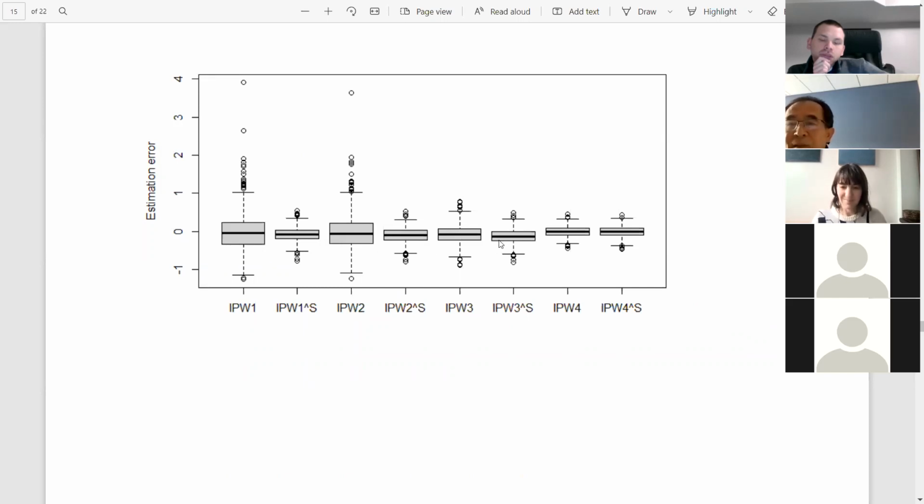So it seems the smoothing goes much further than IPW2 and IPW3. Originally you have smoothing from IPW1 to 2, and then further smoothing, stabilization, to 3. Now if you use our smoothing, they all become basically the same. Yep.